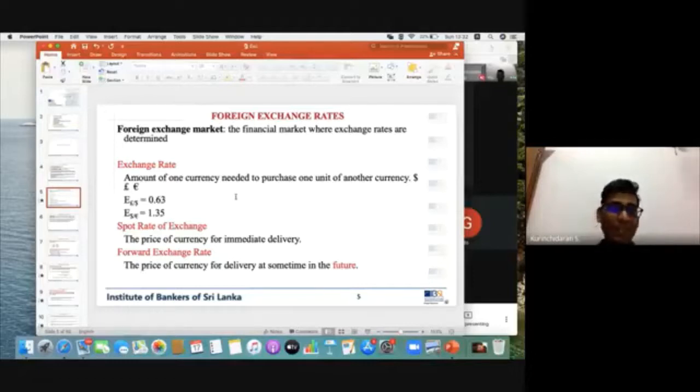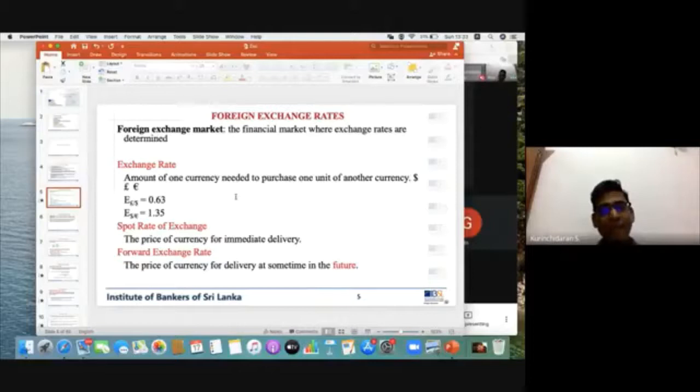So they will say immediately, okay, this is the rate now you can buy. That is called spot rate, the price of a currency for immediate delivery. That means you give LKR and over the counter you get dollars immediately. So that happens at spot time. That is called spot rate.